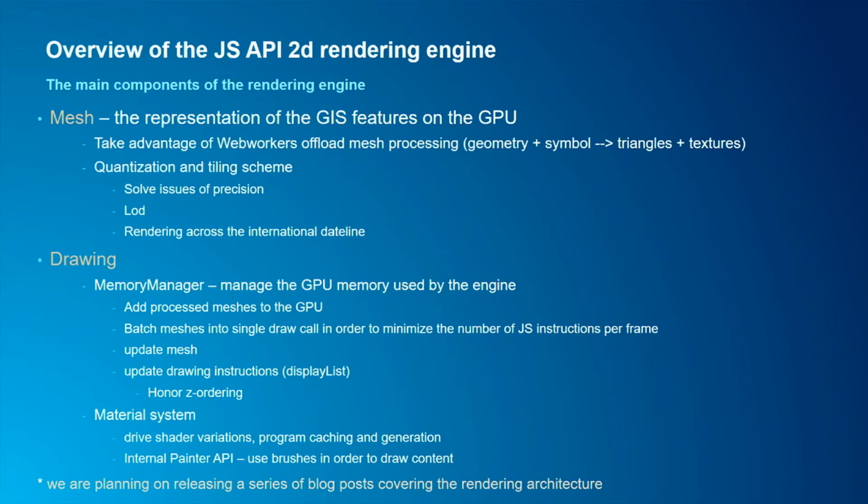It also considers GIS concepts, such as maintaining the Z order of the features and so on. We also rely on a material system, which manages the lifetime of the shaders that are used throughout the rendering or the session of the map. Internally, we use what we call a painter API, which organizes the drawing of the different components into a set of painters, each responsible for a different geometry type.